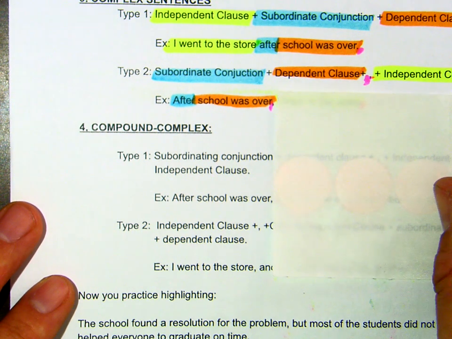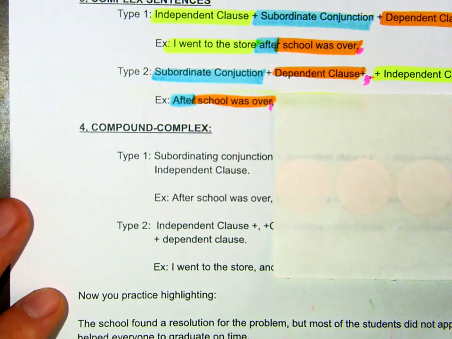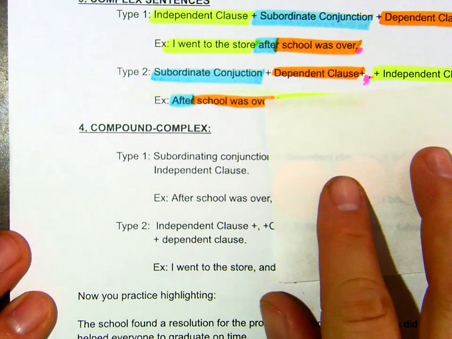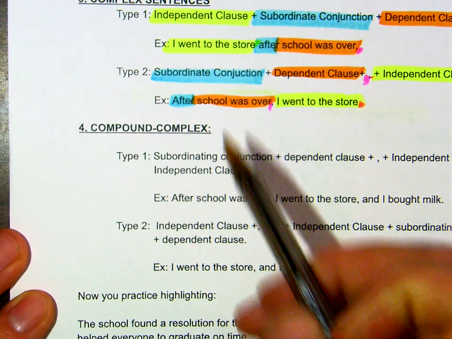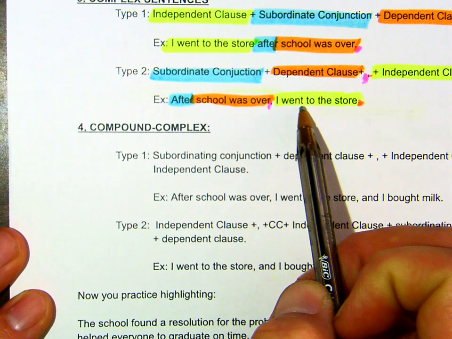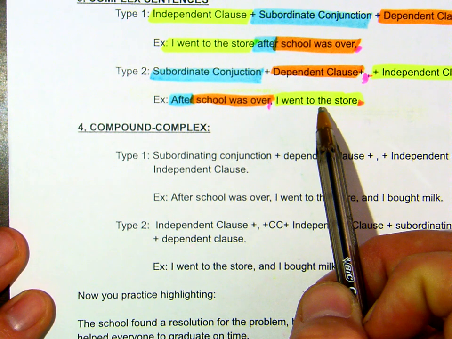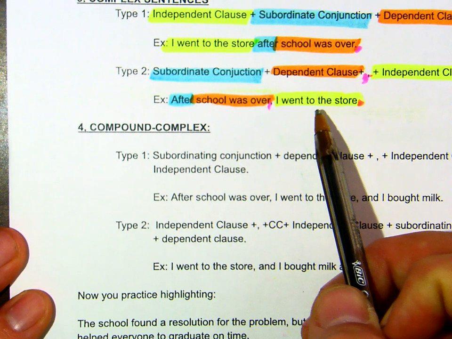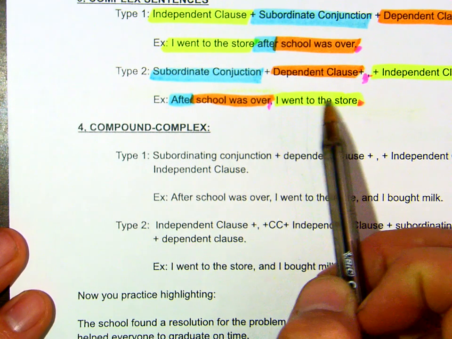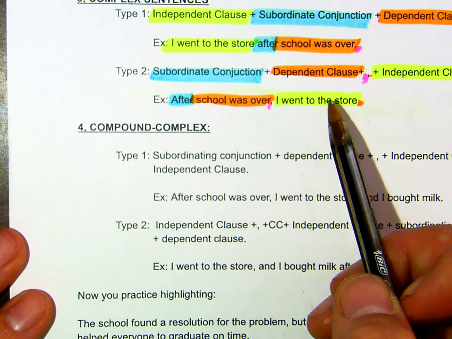Because it doesn't make sense by itself, that is why it's called a dependent clause. Because it can't stand alone and it can't make sense by itself, people are going to need more information. So that is why the blue and orange will always need to be hooked up to a yellow in order to finish the thought and make sense. You would never have a blue and an orange just sitting by itself. You need the yellow to finish the thought.